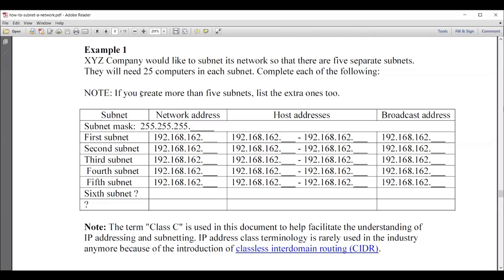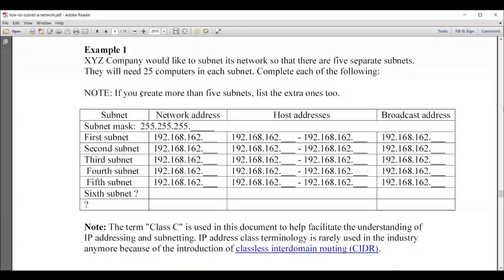So in 2 to the power n, n is equal to 3, the number of bits that you are going to borrow from the host side. 2 to the power 3 is 8, so you can make 8 subnets.